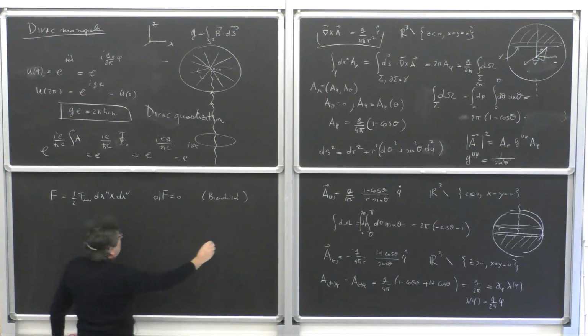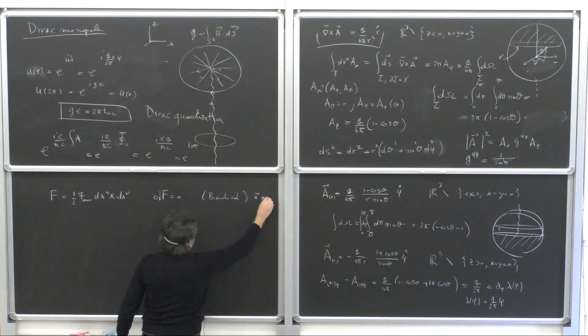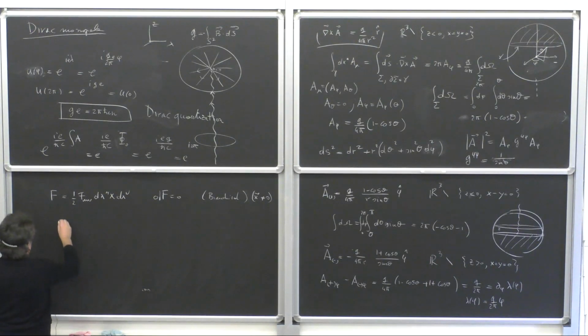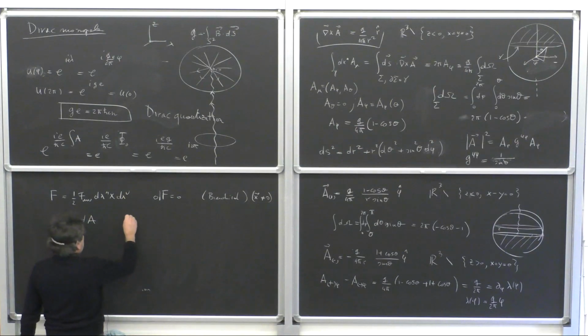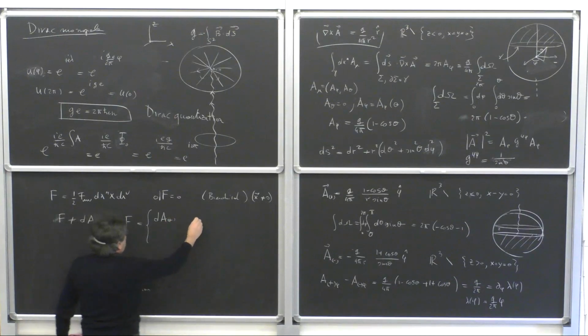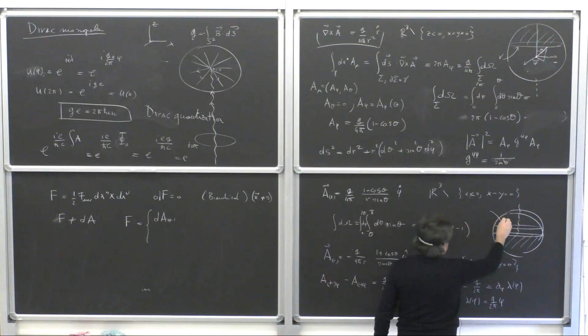In fact, this is true, strictly speaking, for x different from 0, because at x equal to 0 there is a singularity for F. But F is not exact. More precisely, F is exact on each patch. So it is in this upper cap that I call sigma plus, or if you want, the 2-disk plus, and this is the 2-disk minus.